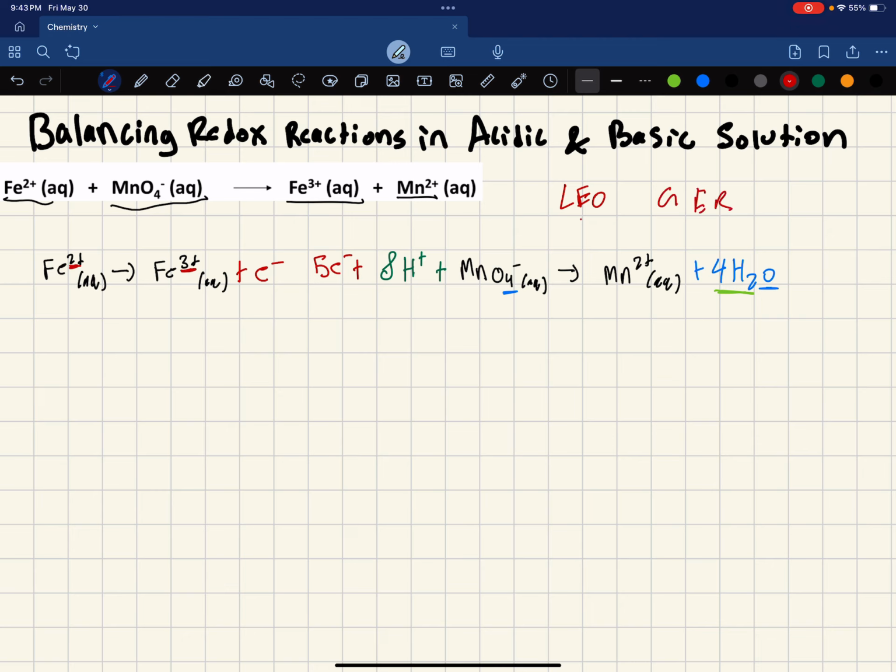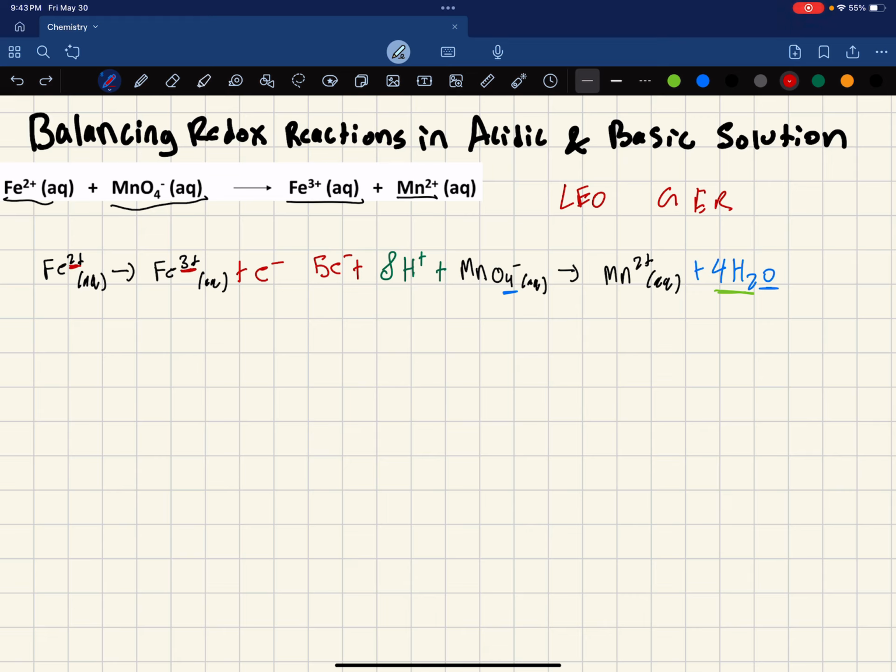Lose electrons, oxidizing. So this one is losing electrons because it's on the product side. And then this side is gaining electrons. So it's reduction.